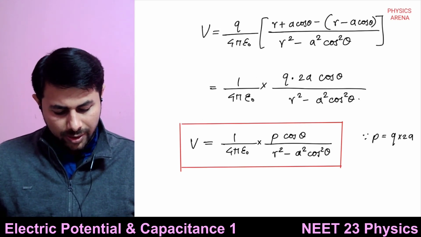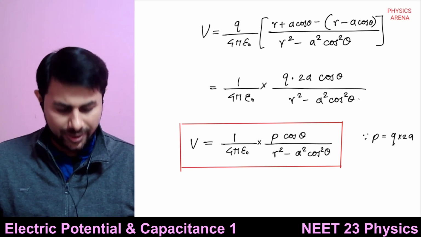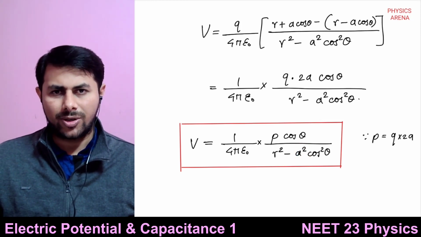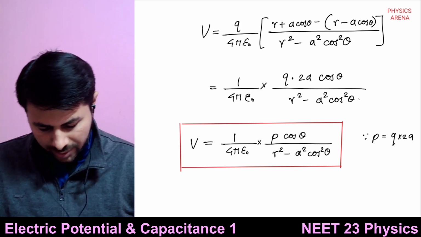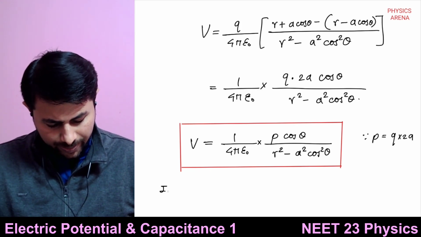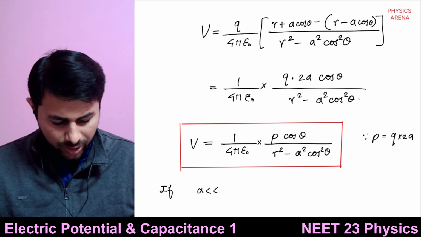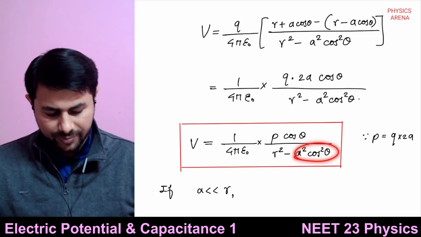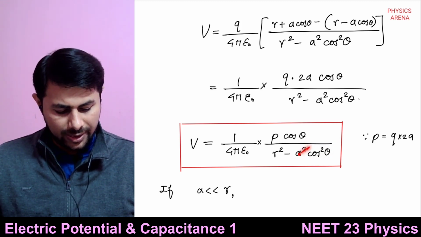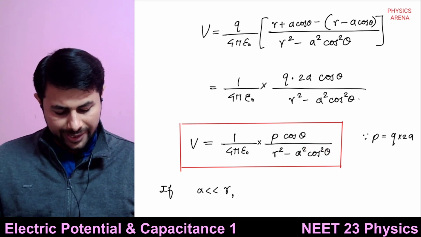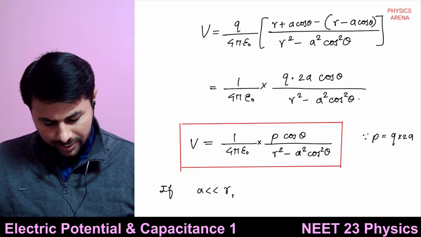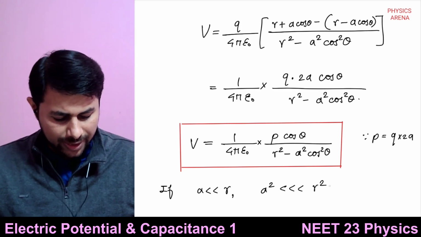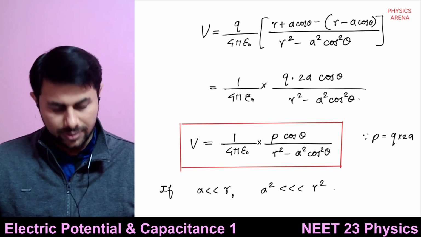So we'll do the same approximation again, that a is very small compared to r. We can neglect a square cos square theta, because if a is very small compared to r, a square will be very small compared to r square, right?